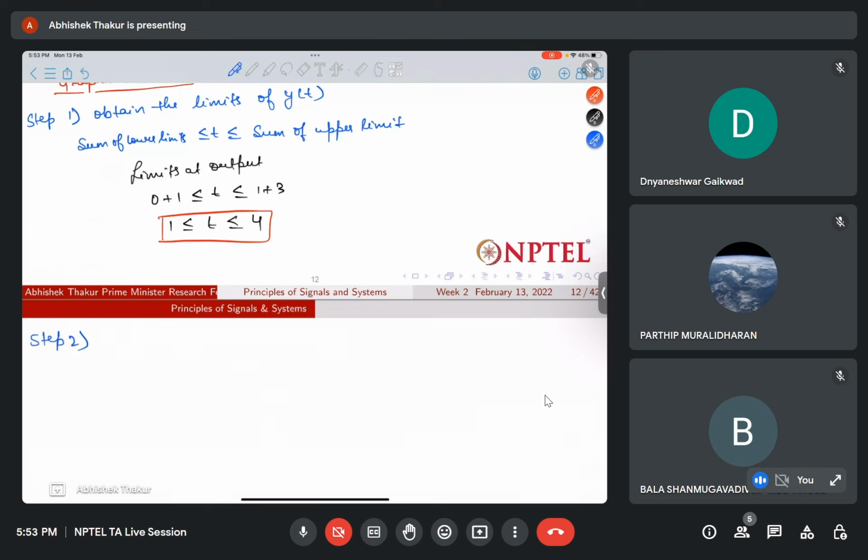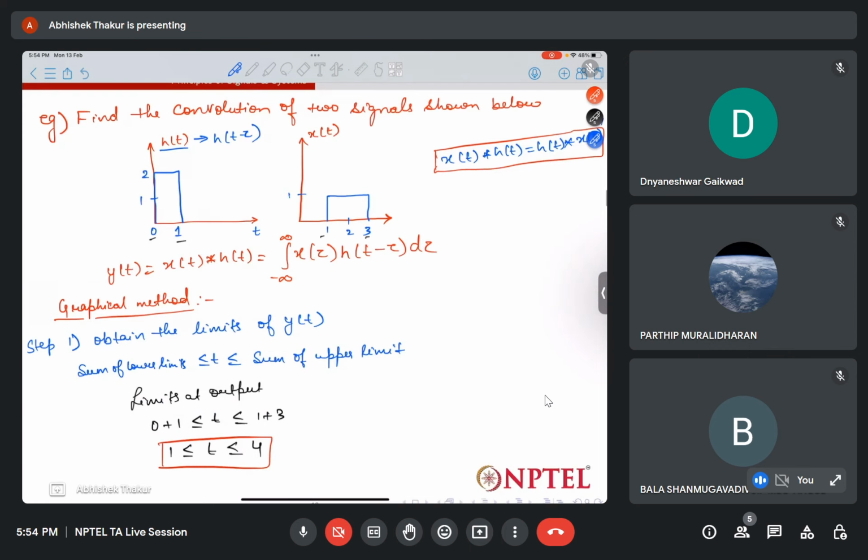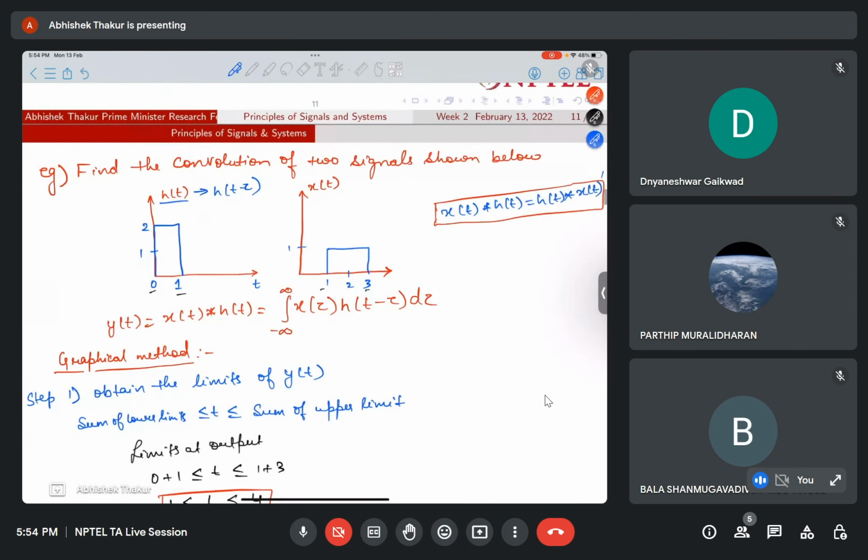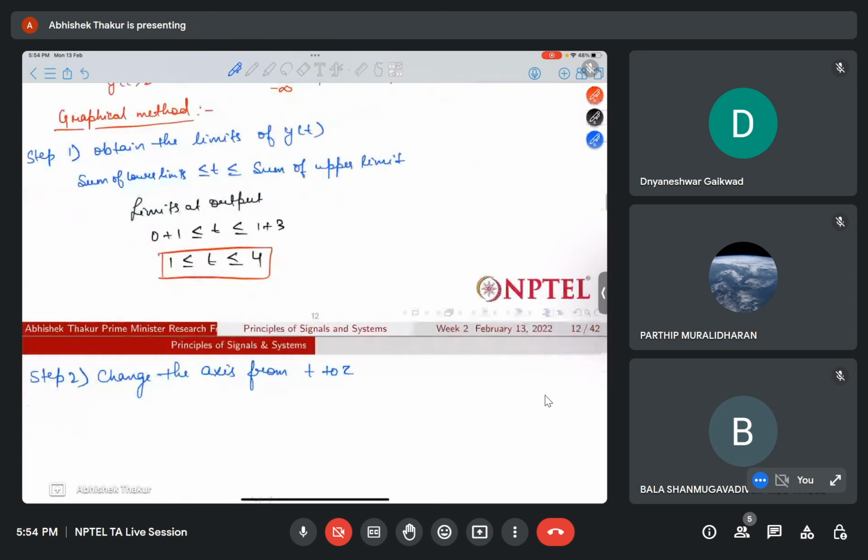Step 2: what we have to do is change the axis from t to tau. Why are we doing this? Because in the definition of convolution, you can see here, this is x tau and h t minus tau.